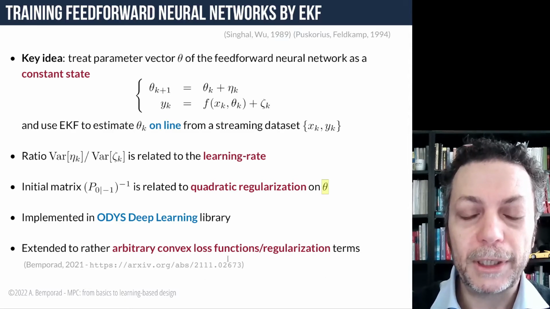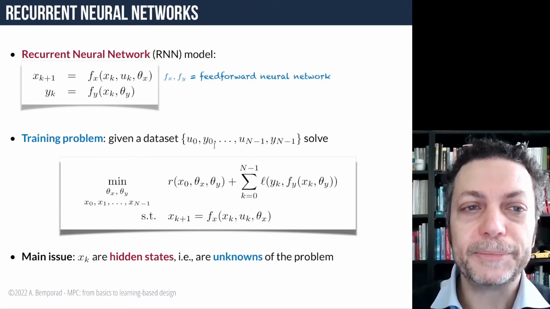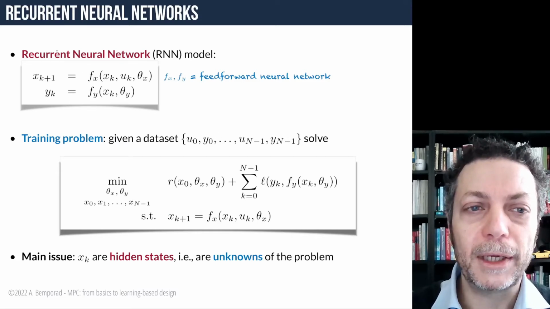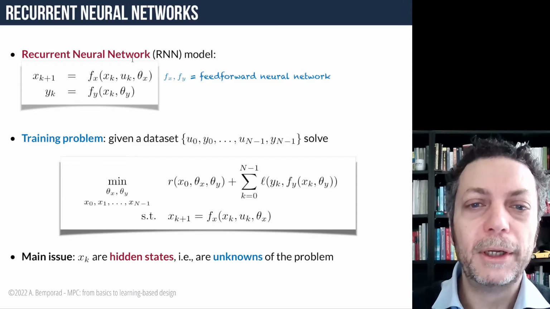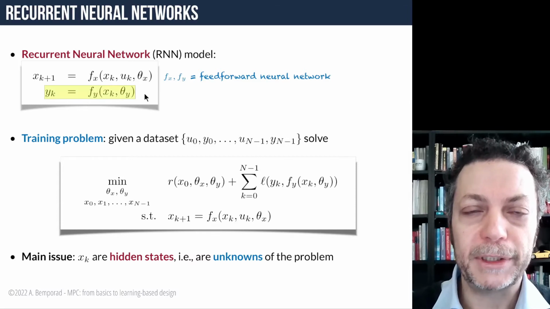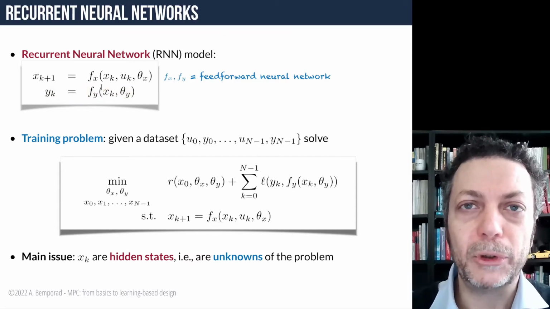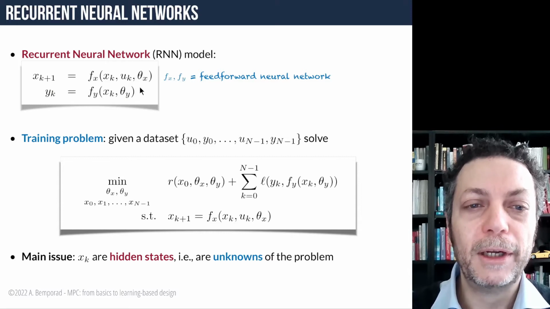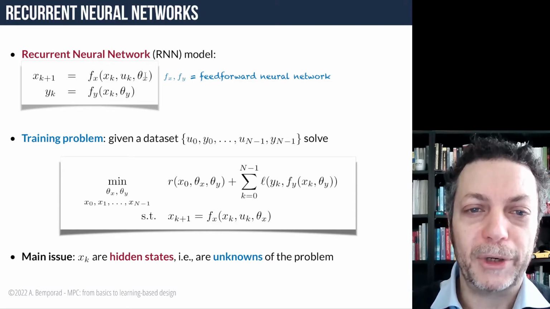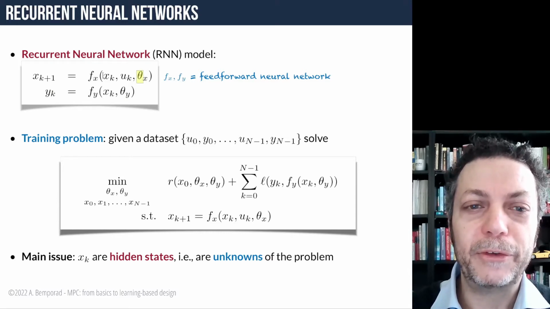This is a recent work I did where I considered a more general model, a recurrent neural network model. The same ideas apply also to feed-forward models where you only have basically the output equation, but let's consider a more general model where you have not only parameters you want to estimate with the Kalman filter, but also hidden states that you want to estimate.